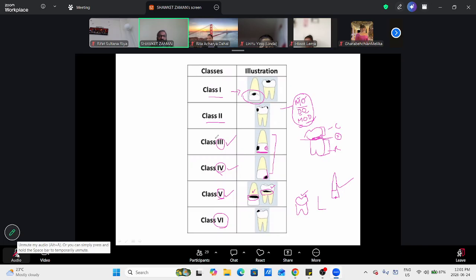Now, class 3 and class 4 are mainly for our anterior teeth. In the anterior teeth, it can be canine, lateral incisors, or central incisors.